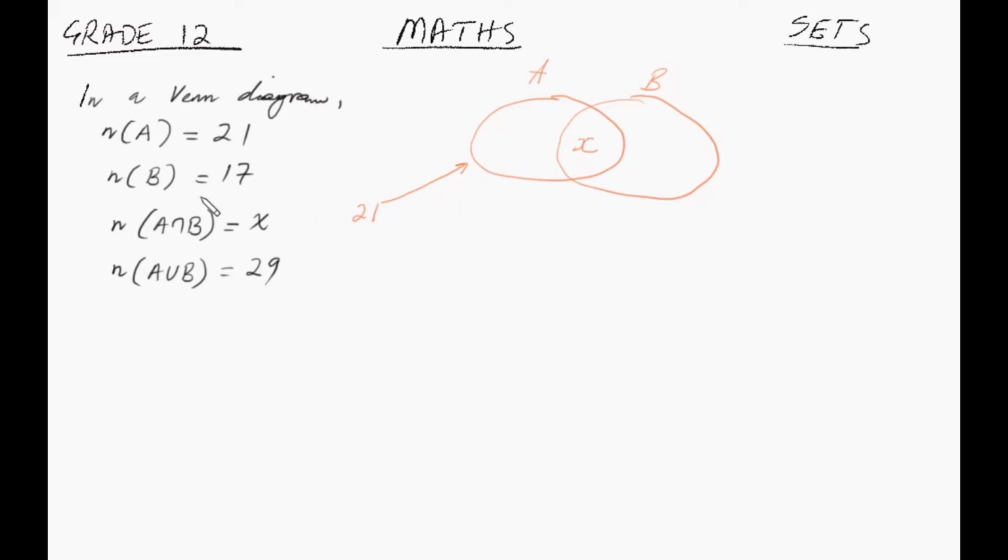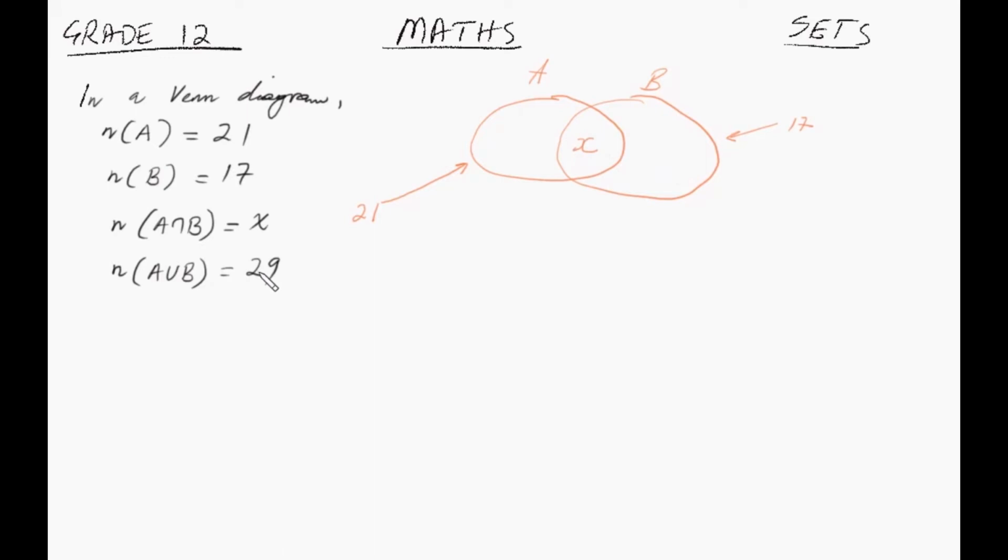Now, the number of elements in B is 17. So we put an arrow here and say this is 17. Now, the number of elements in A union B is 29. That means we need to find this and this so that when we add this plus this plus this, we equate it to 29.